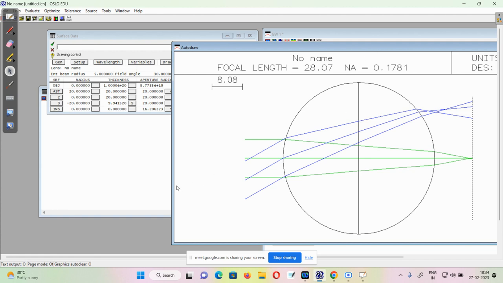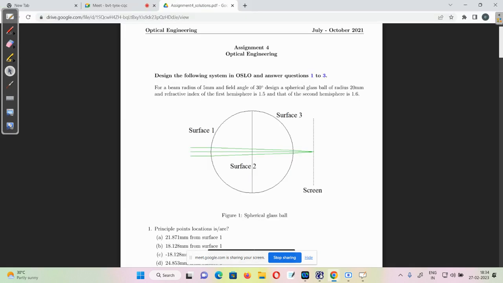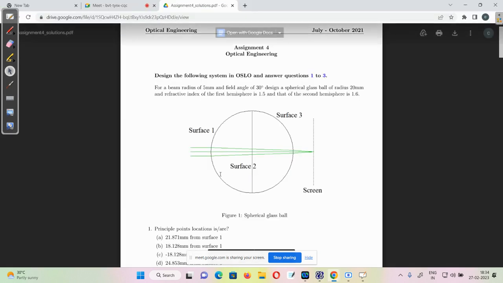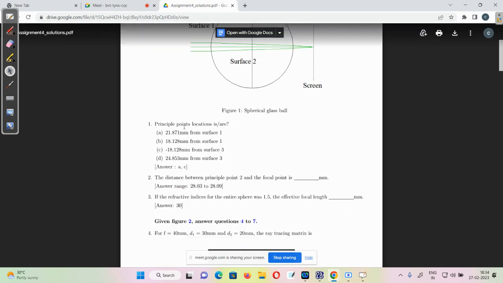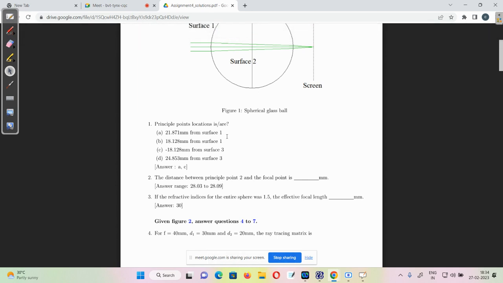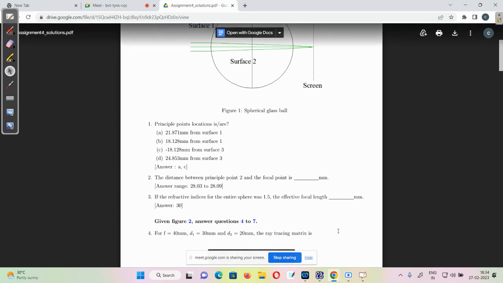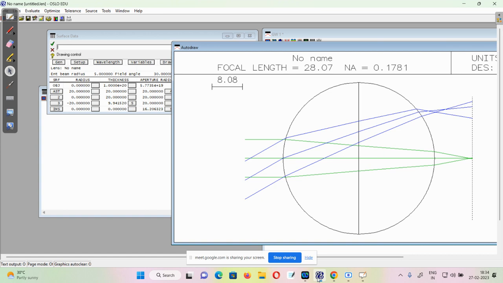Now we want to easily find out the parameters of this system. Principal points are located here. I will find out.